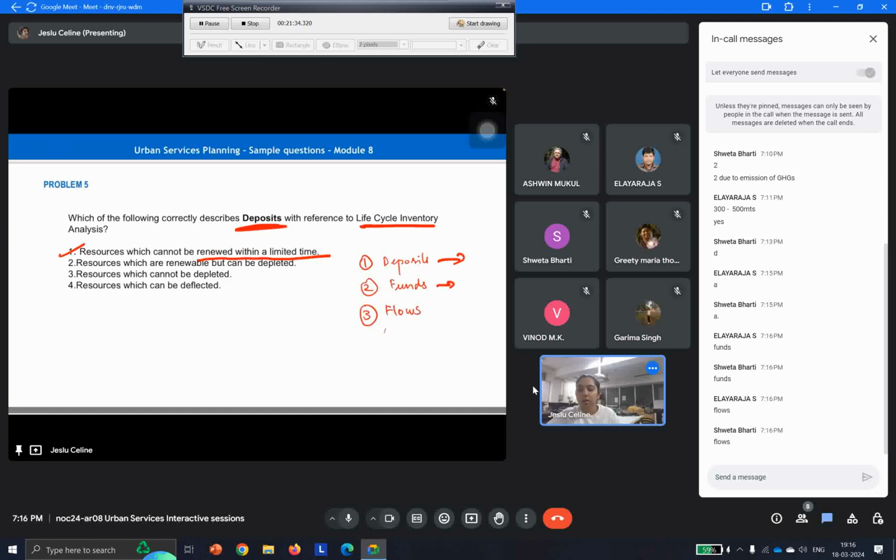In the chat box, it's put. What were funds? Very good. Yes, so it can be depleted within time. They're renewable in nature, but they can also be depleted within time. Very good. You gave good examples also. Yes, I see in the chat box also good examples have been put.